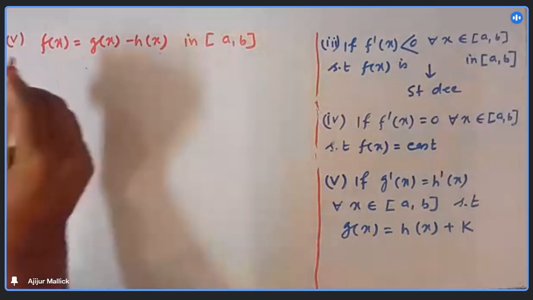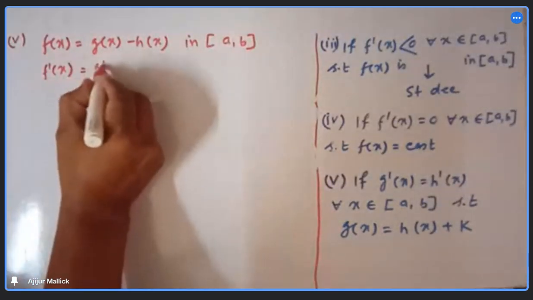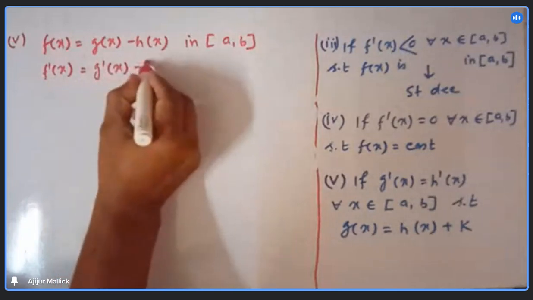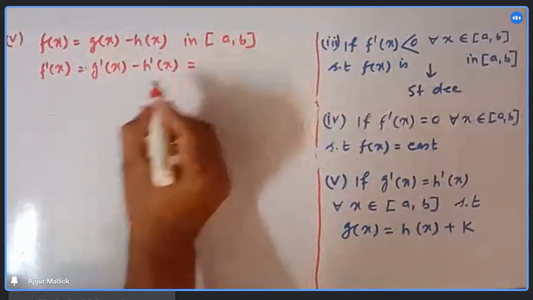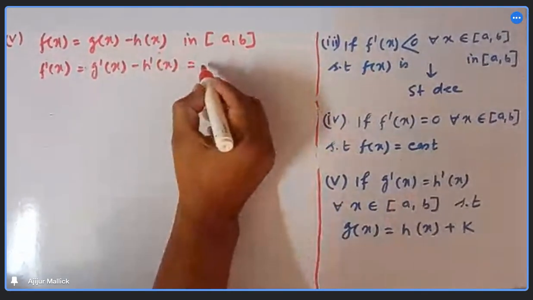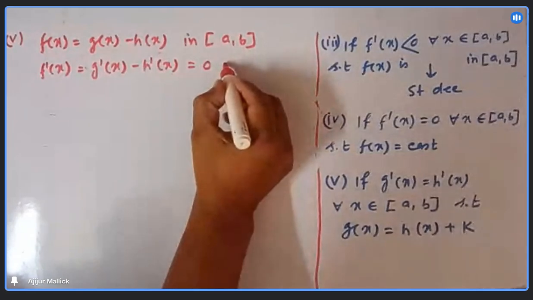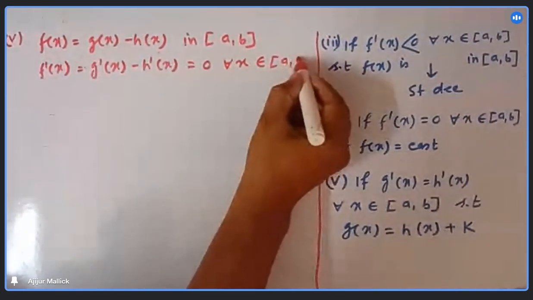So what is f dash x? Then f dash x is equal to g dash x minus h dash x. And in the question it is given that g dash x is equal to h dash x, so it is 0 for all x in the closed interval [a, b].